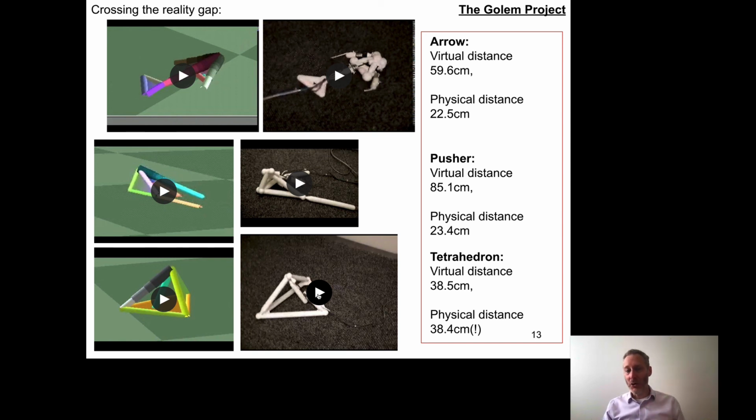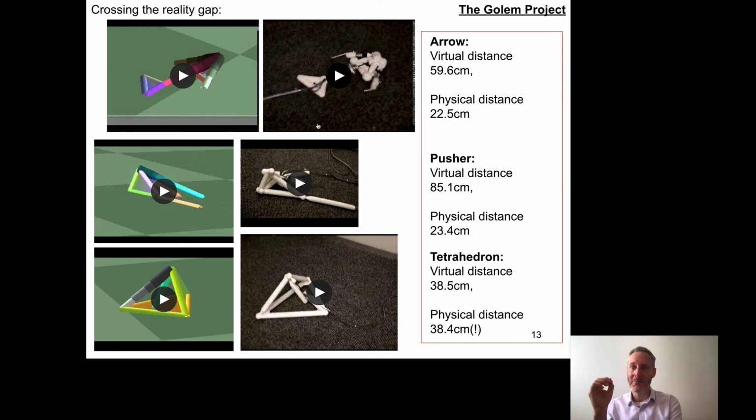This is all anecdotal. It's very hard to say formally or mathematically why the tetrahedron did a better job than the arrow and the pusher, and this inability to write down a formal description of what works and what doesn't is what makes crossing the reality gap so difficult.